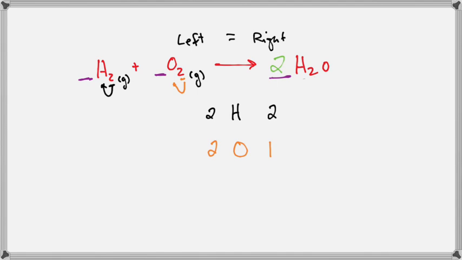That 2, similar to the parentheses, will apply to everything after it up to a mathematical operation. So what do I mean by that? That 2 is going to apply to the hydrogen. It's also going to apply to the oxygen. It's not going to apply any further because there's nothing else out there.